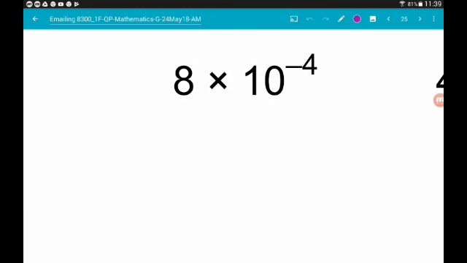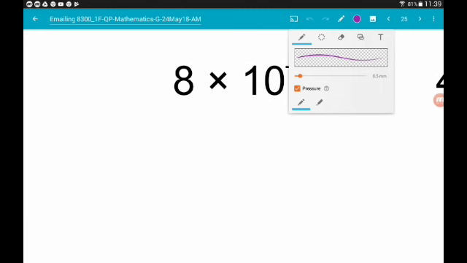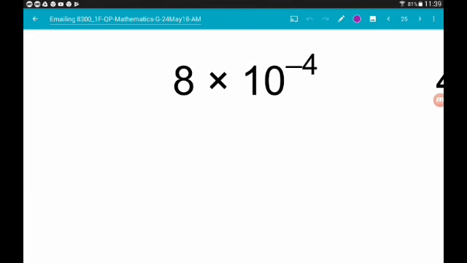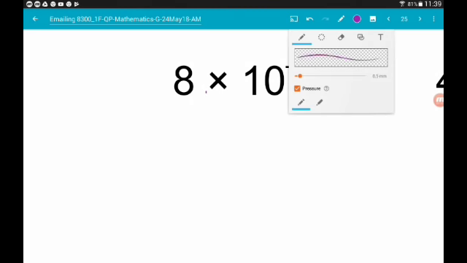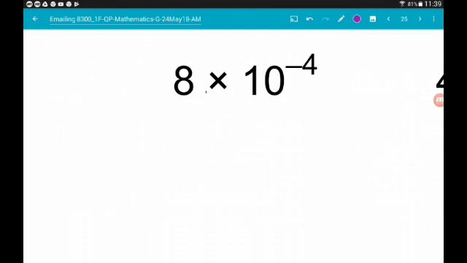So imagine 8 has a decimal just after it. And then this decimal is going to go left by 4 places. So we're going to go 1, 2, 3, 4.